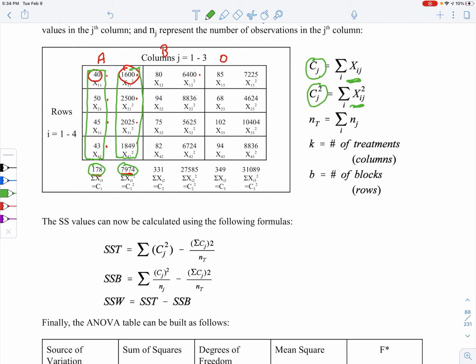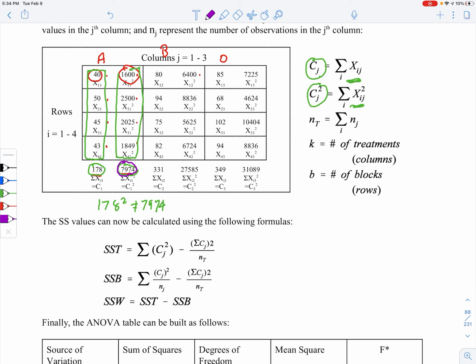So that's your C1 value and your C1 squared value. 178 squared is not 7974. Remember that this number here is not the square of the sum, it's the sum of the squared values.